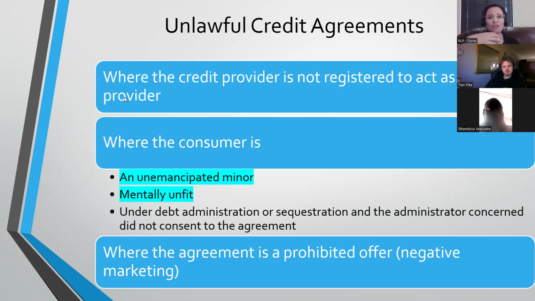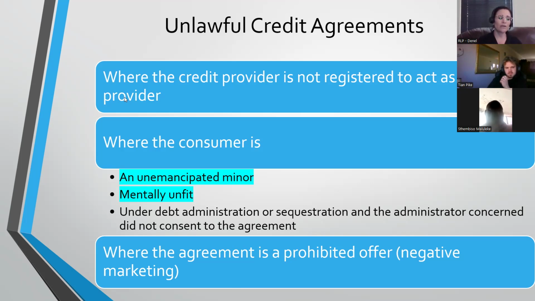Because later on, you can come back and say, but I was not in the correct state of mind to make an informed decision, hence I can't be bound by this agreement. So from the get-go, they just say that if you are mentally unfit, you cannot enter into a binding agreement. And then the last one says, if you are under debt administration or sequestration, and the administrator did not give consent. So basically, you are under debt review.